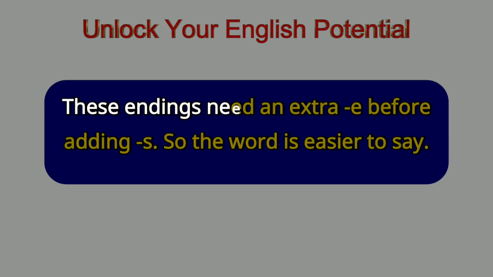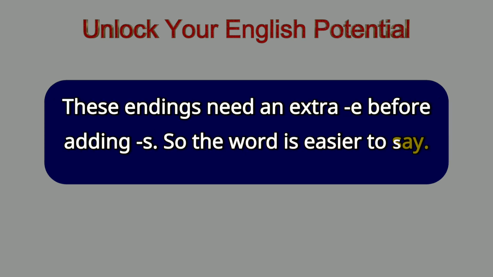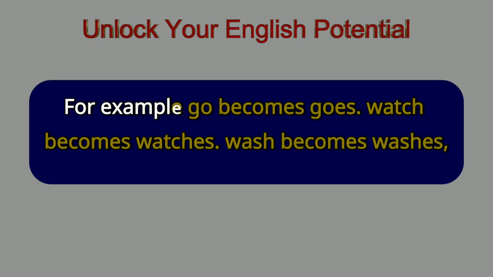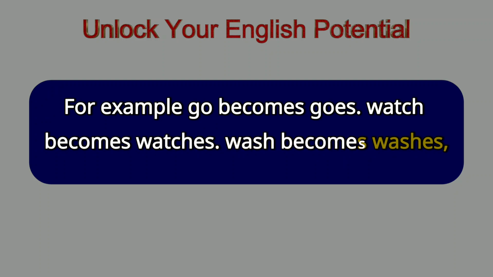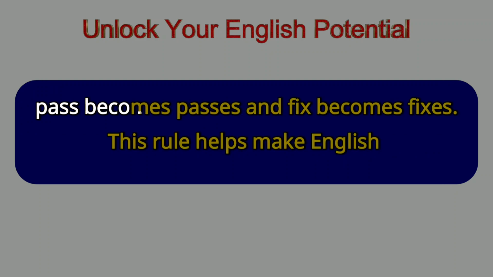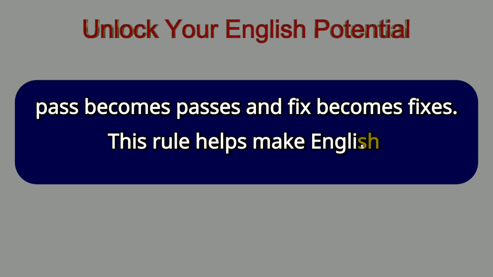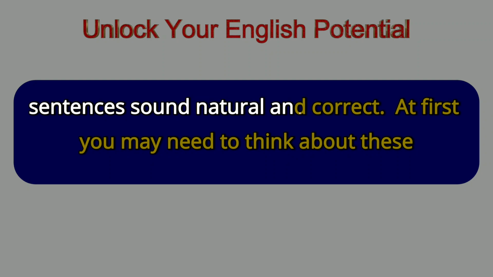These endings need an extra e before adding s so the word is easier to say. For example, go becomes goes, watch becomes watches, wash becomes washes, pass becomes passes, and fix becomes fixes. This rule helps make English sentences sound natural and correct.